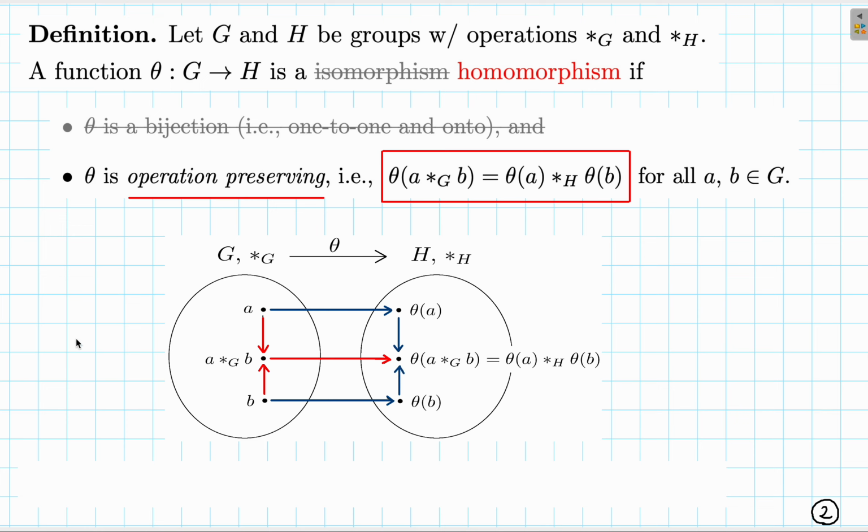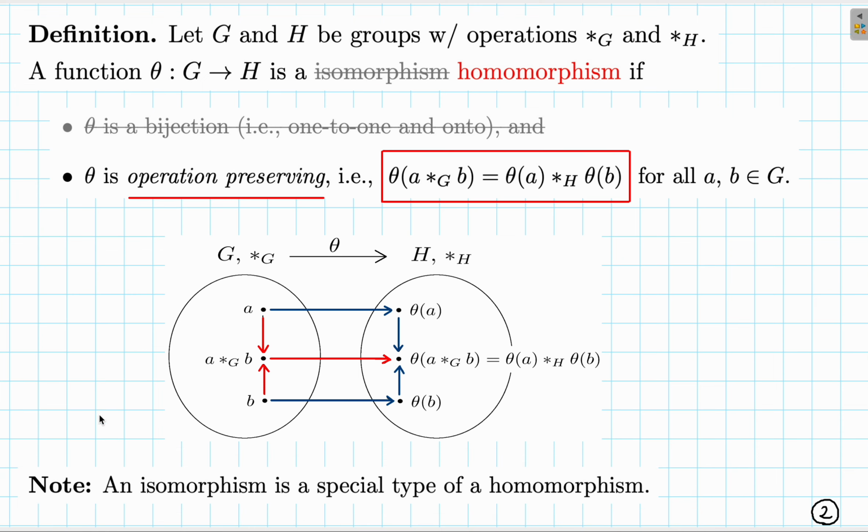And one remark that I like to make is that an isomorphism is a special type of a homomorphism. It's a homomorphism that also happens to be a bijection. And so every isomorphism is a homomorphism, sort of like how every square is a rectangle.